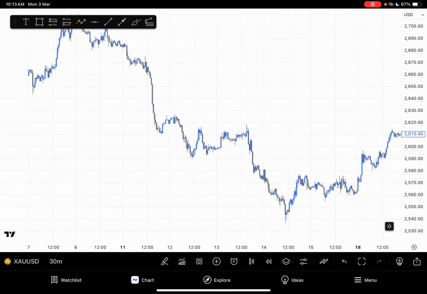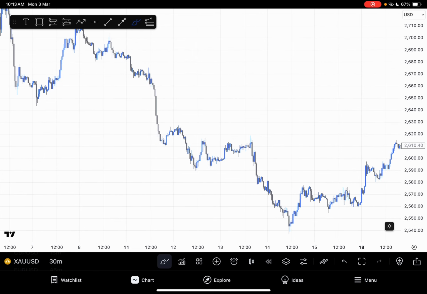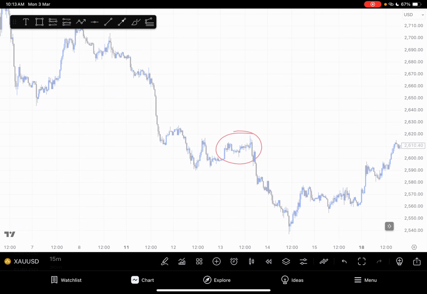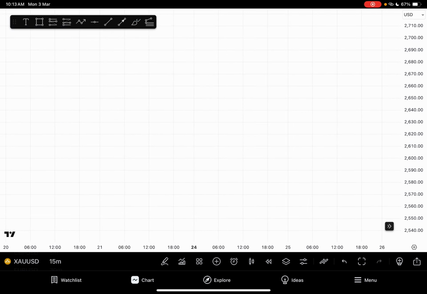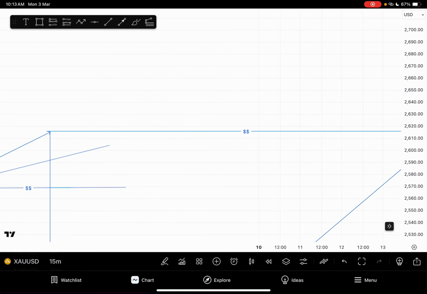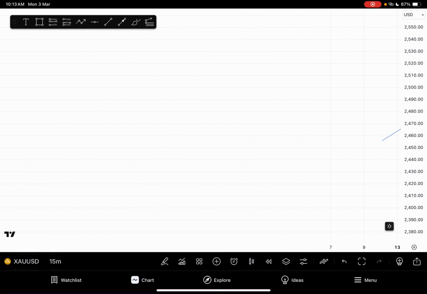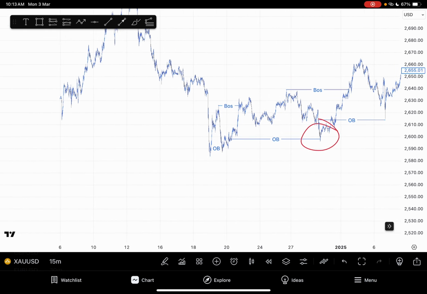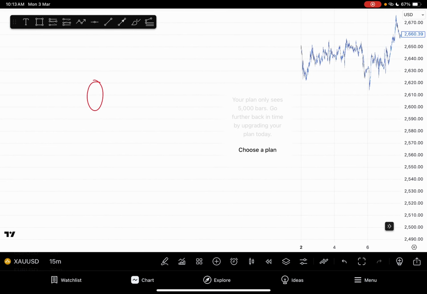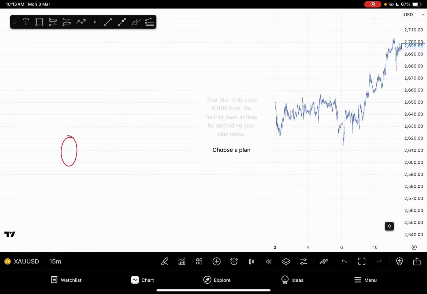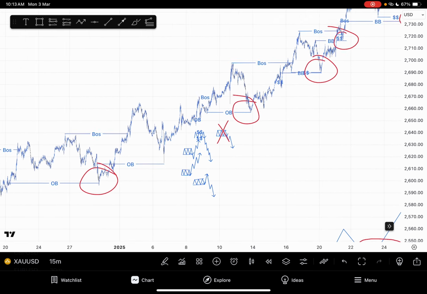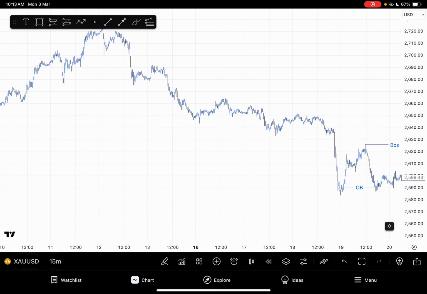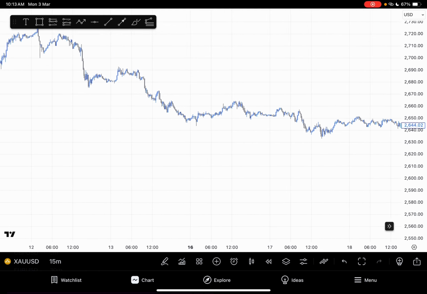Okay, we mark this out. We move down to the lower time frame. Oops, price can't go beyond that. Okay, look for another one here.